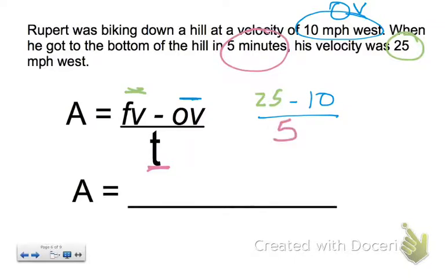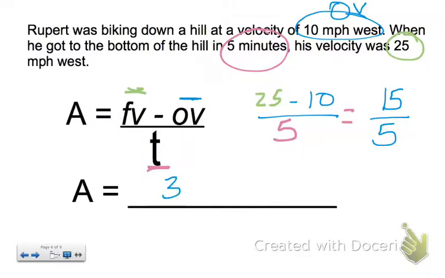And so I end up with 25 minus 10 divided by 5. And so I want to actually do the top first. If I do 25 minus 10, I'm going to end up with 15 divided by 5. Okay, and so what that gives me is a simple division problem, and I get an acceleration of 3.